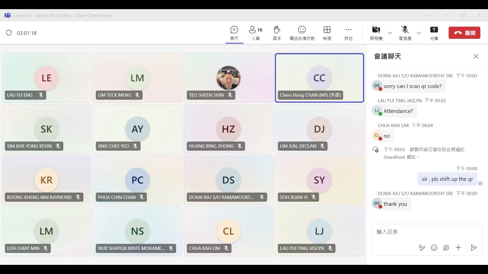Anyway, do it later. So next I'm going to show the QR code for the second class. In fact, I think all 5 have taken the attendance yourself. Thank you.